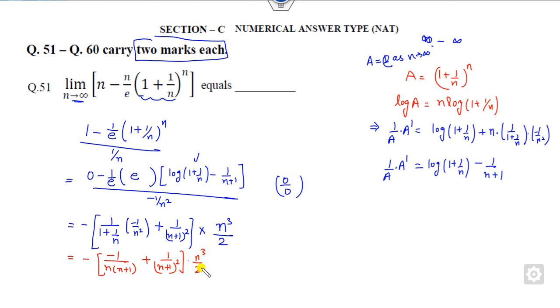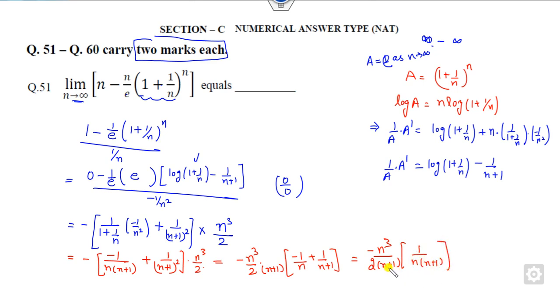Now if you take 1 upon n plus 1 as common, what will happen inside? It will be minus n cube by 2, n plus 1 is common, so it's minus 1 by n, and here n cube upon 2 times n plus 1. If you take this, it will be 1 upon n plus 1.